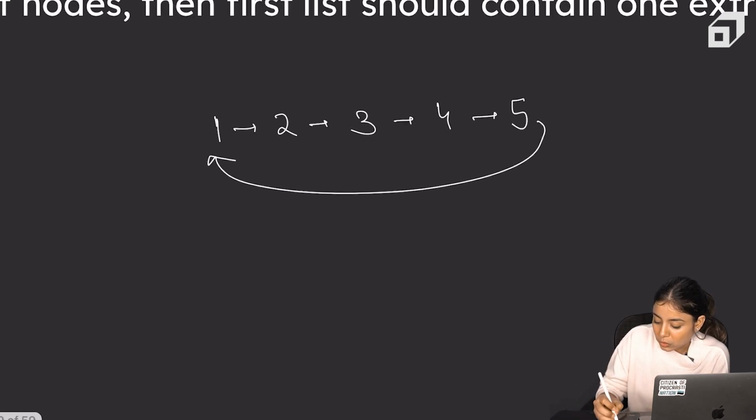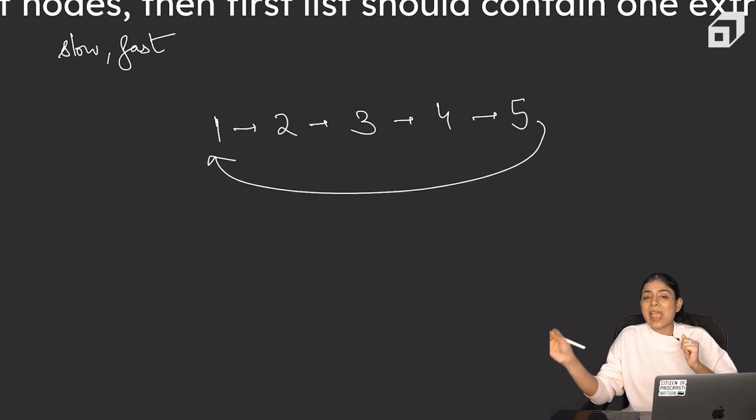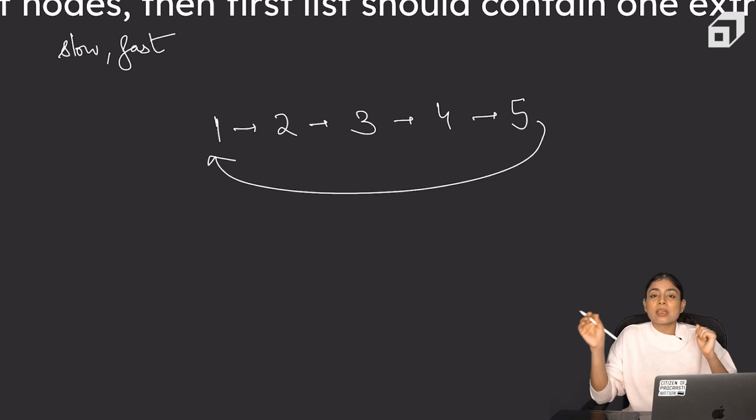We did that using the slow and fast pointer approach, where if the slow pointer moves by 1 node and the fast pointer moves by 2 nodes, then in the same time the slow pointer will cover half the distance of the fast pointer. So if the fast pointer reaches the end of the list, at that time my slow pointer will be at the middle of my list.